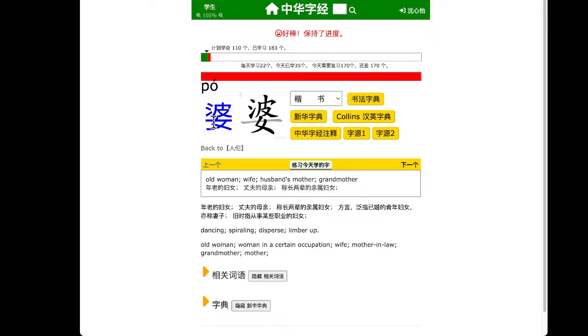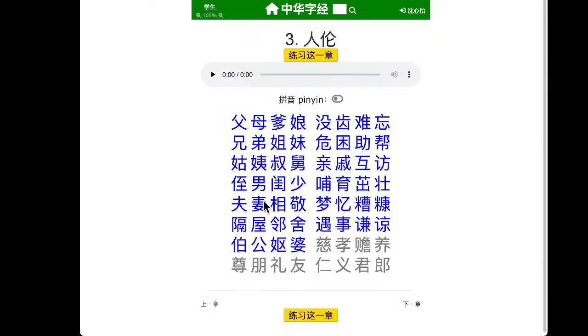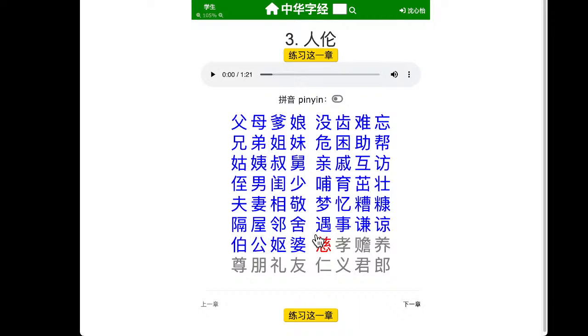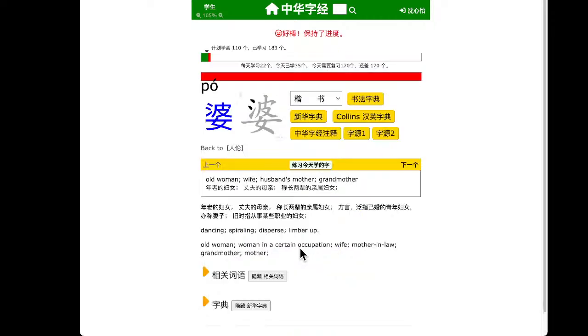This is also used to refer to a wife, just as 公 is also used to refer to a husband. Yeah, 老公, usually called 老公 or 老婆. Even though 老 means old and 公 and 婆 already refer to elders, this is used regardless of age to refer to husbands and wives, but more specifically, it refers to a mother-in-law, a grandmother, or an old woman.